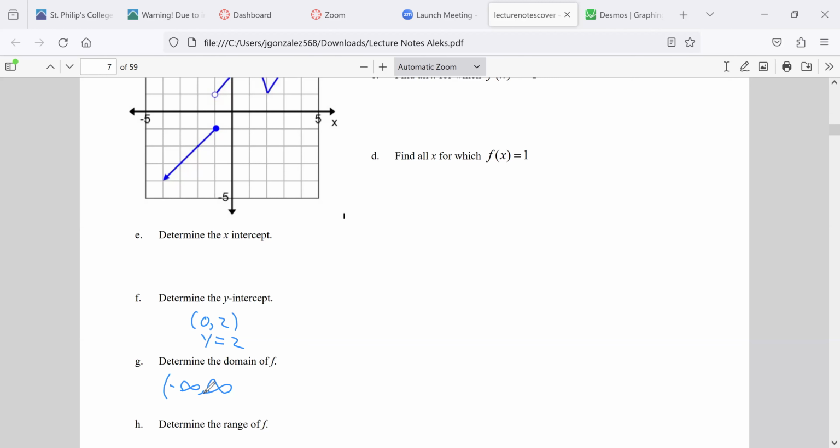Oh, because of that gap, yeah, we have to deal with the gap. So if there's gaps, create a set for one part, create another set after the gap, and then combine the two sets with the union.